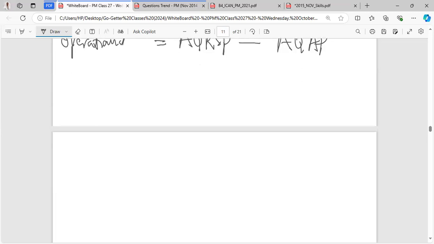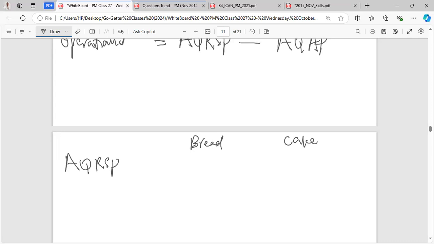So I will come here and I will say this is bread, and this is cake. Actual quantity times revised standard price.